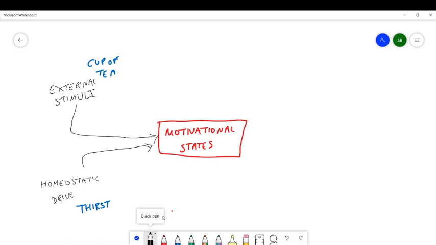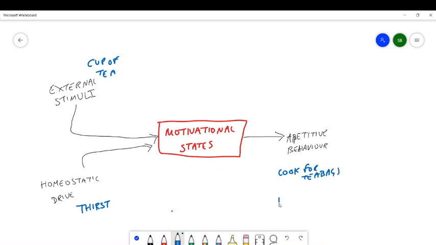And these motivational states lead to appetitive behaviours. So this might be, for example, looking for the tea bags, or it might be putting the kettle on.